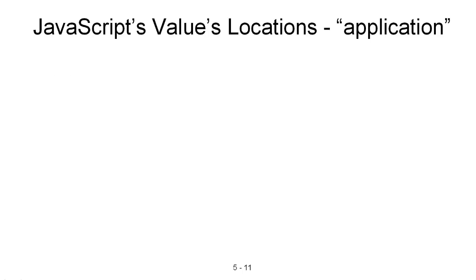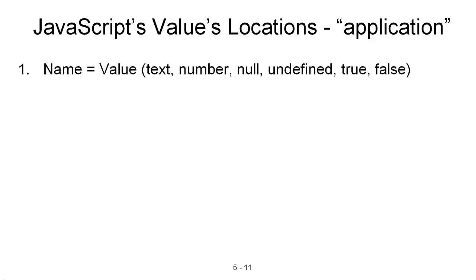So I'll first look at JavaScript's value locations, which is pretty much standard, a little overblown, we'll see here in a minute, but basically we're looking at a name equals value. So this is our whole context for all the values that we have within our current computer technology.